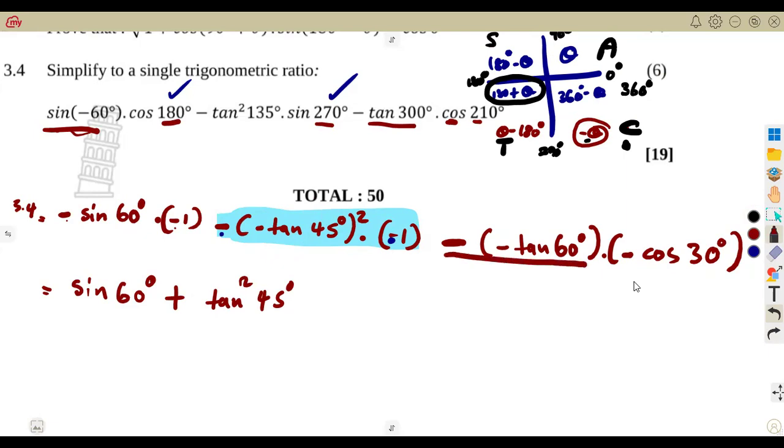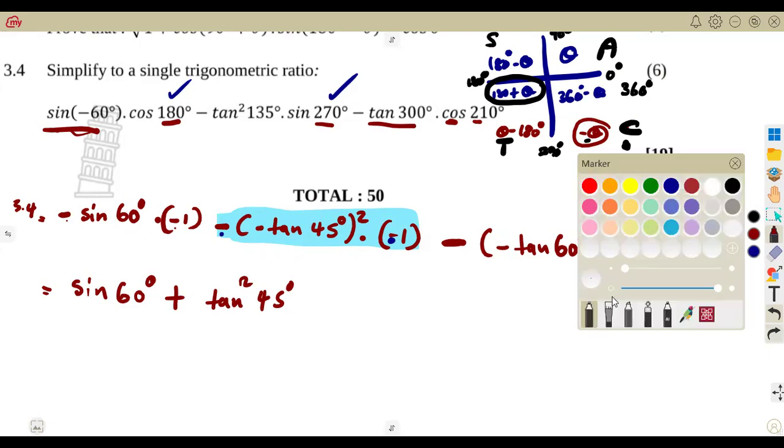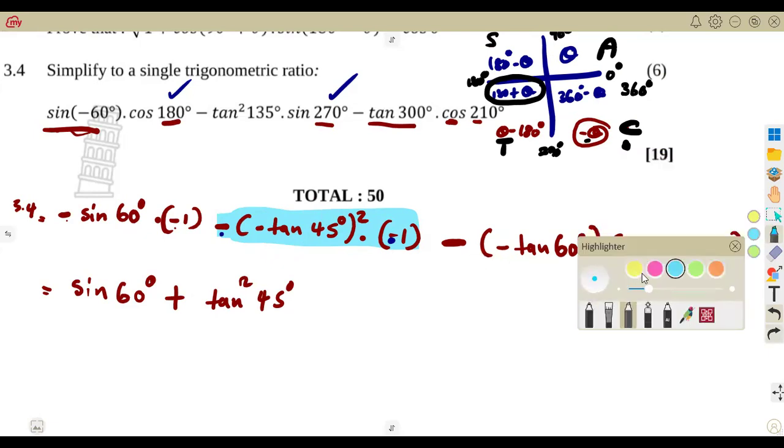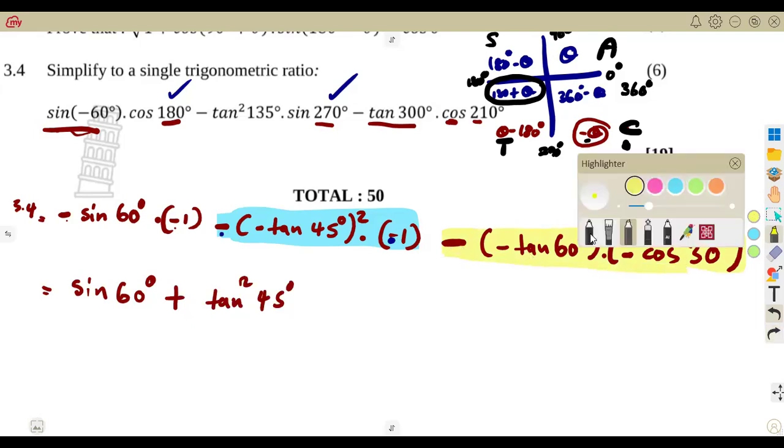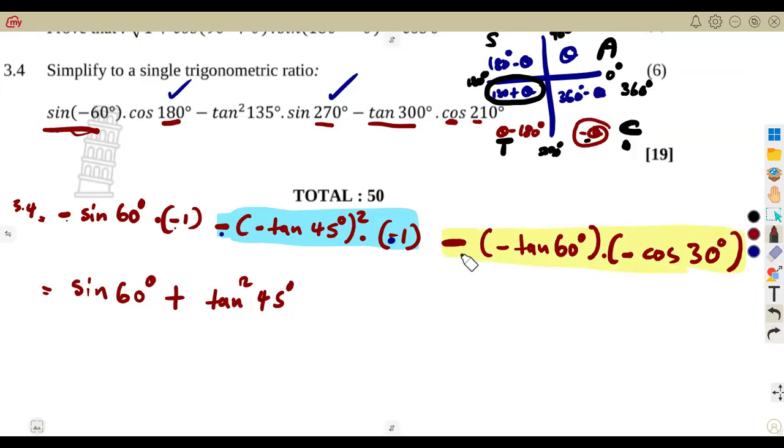Remember, guys, it's a product. So you take this one as one item up to the end, and this one as one. So what does it mean? It means negative times negative, which is positive. Positive times negative, which is what? Which was going to be negative at the end.